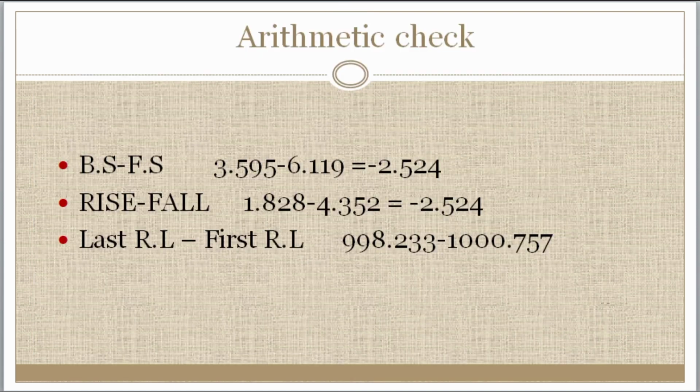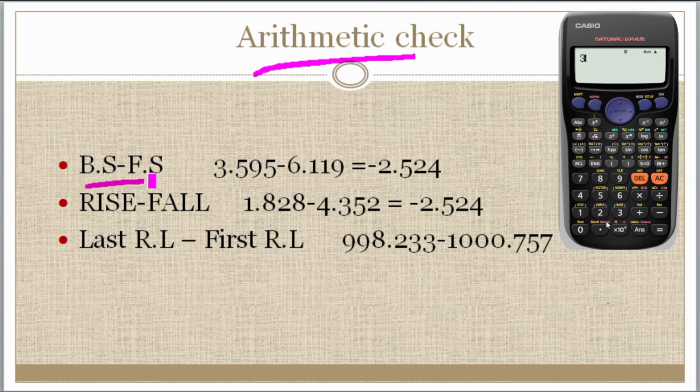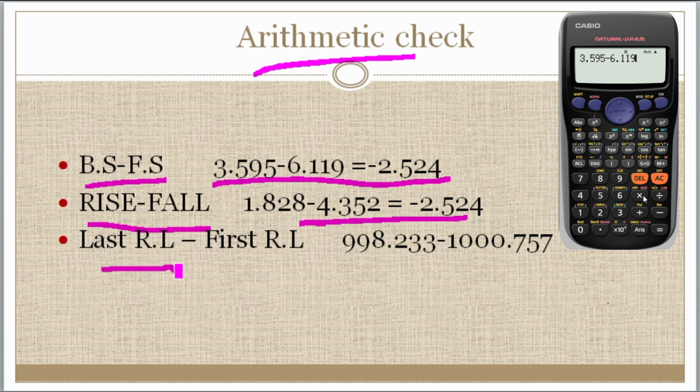After finishing that, you apply the arithmetic check. So the summation of the backsight minus the summation of the foresight, then the summation of the rise minus the summation of the fall, then the last reduced level minus the first reduced level.